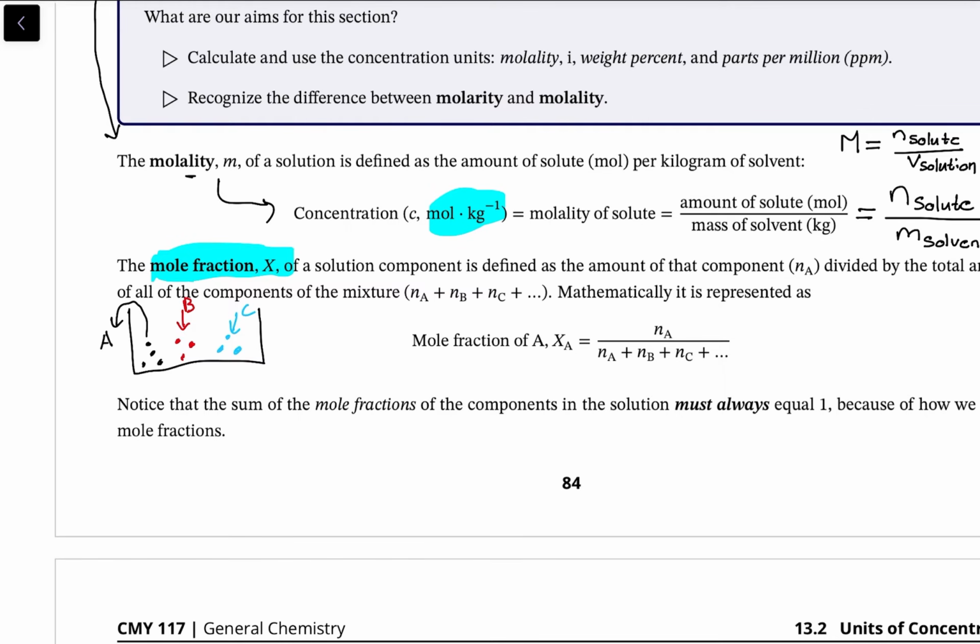Then the question is, how many dots do we have in total? You will agree that the total number of dots in this little drawing is always 10, right? And how many of those dots are allocated to A? 4 of them, right? So nA is 4.